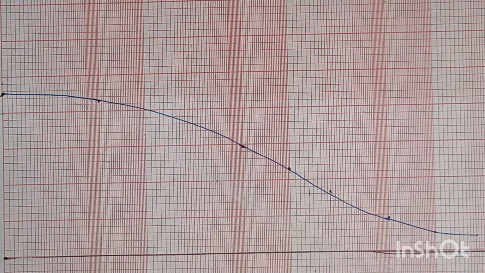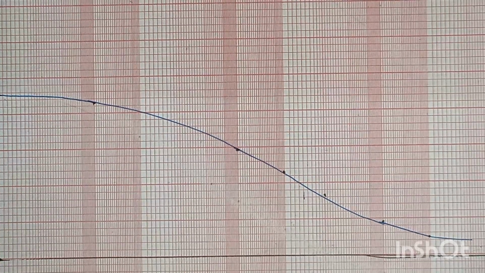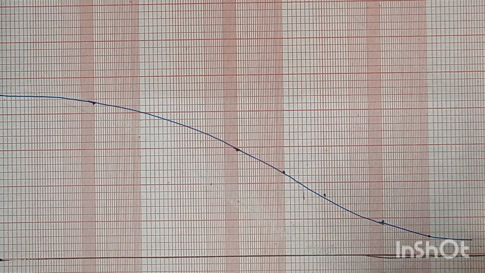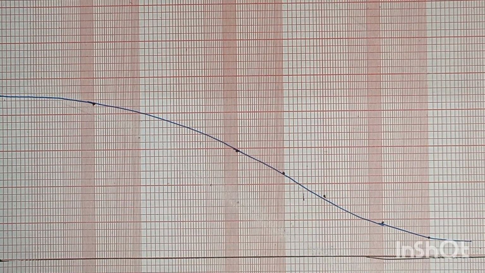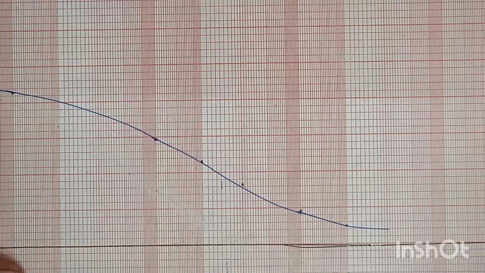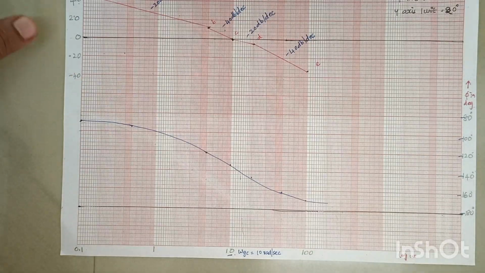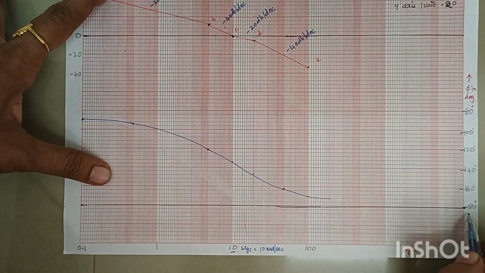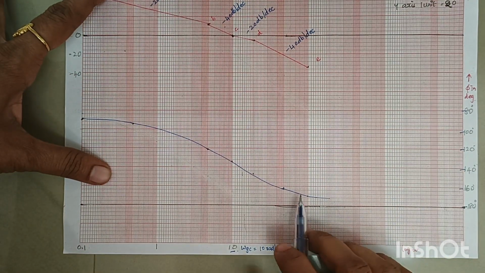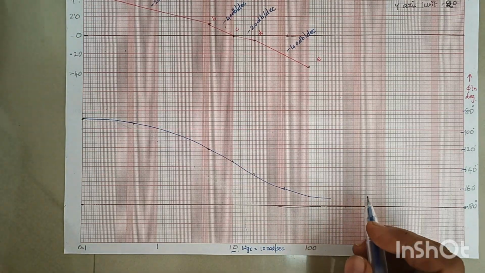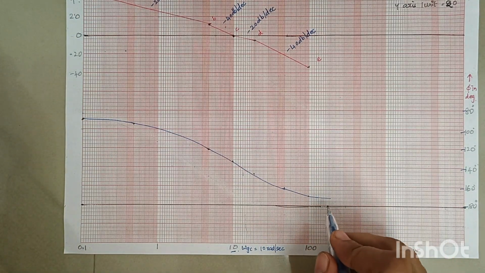Now we are going to calculate the phase crossover frequency. Now look at this diagram. So how to calculate the phase crossover frequency? Our phase plot should intersect this minus 180 degree line. But here what happens? Let me zoom in and show you. You see, this is our minus 180 degree line. But our phase plot didn't cut the minus 180 degree line.